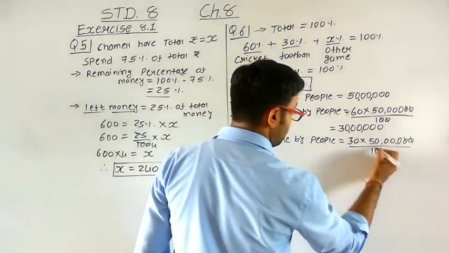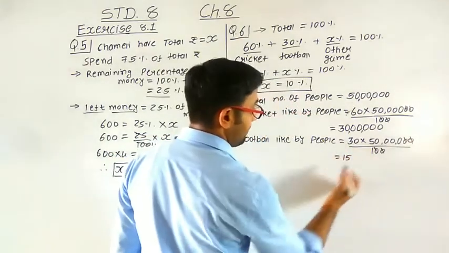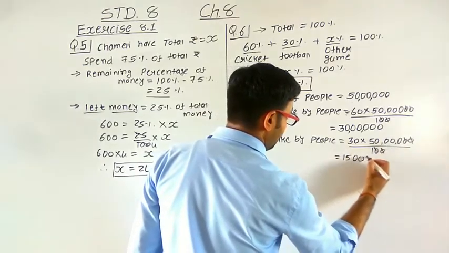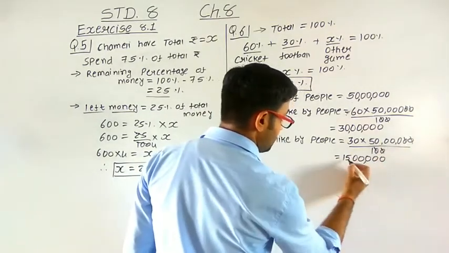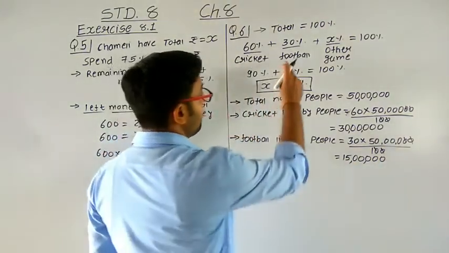Again, these two zeros will cancel out each other. We get 5 threes are 15. How many zeros are left? 1, 2, 3, 4, 5. That means 15 lakh people like football.